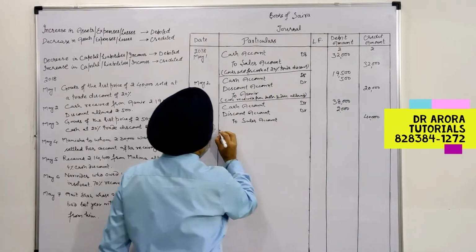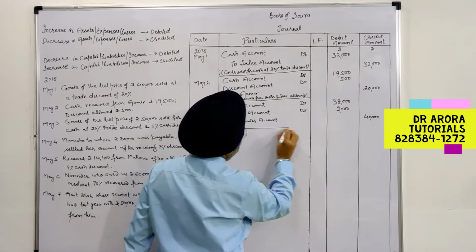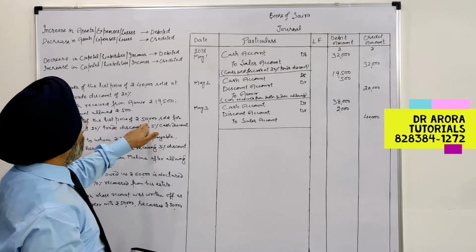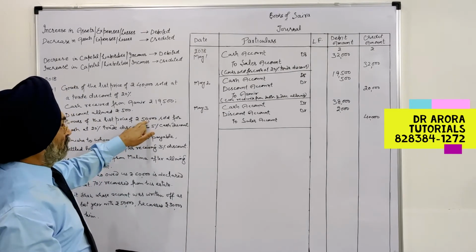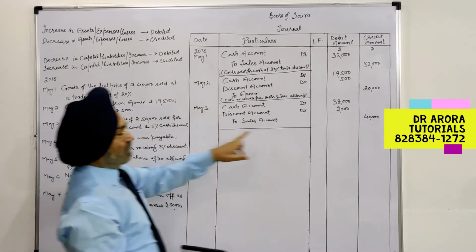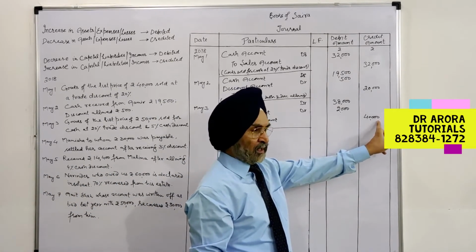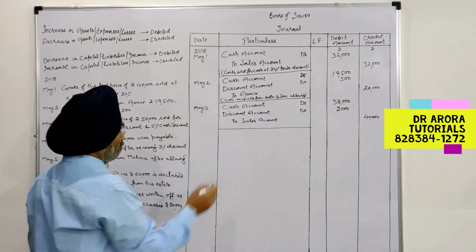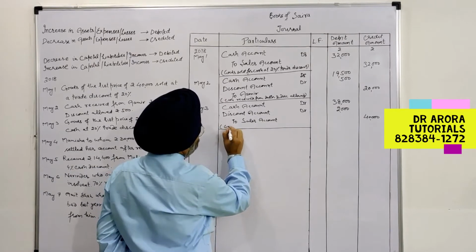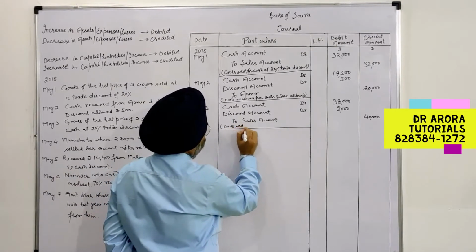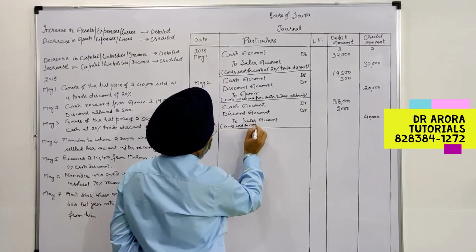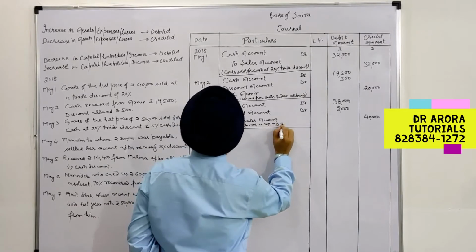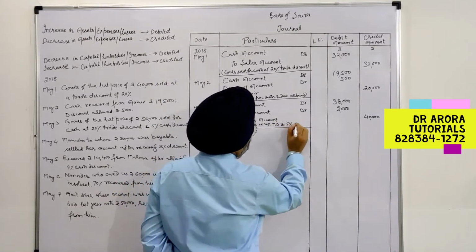So trade discount is not recorded anywhere, but cash discount is recorded. Trade discount is simply deducted from the sale price. 50,000 minus 20%. So we recorded the sale with 40,000, but cash discount is shown in the books. The goods sold for cash at 20% trade discount and 5% cash discount.